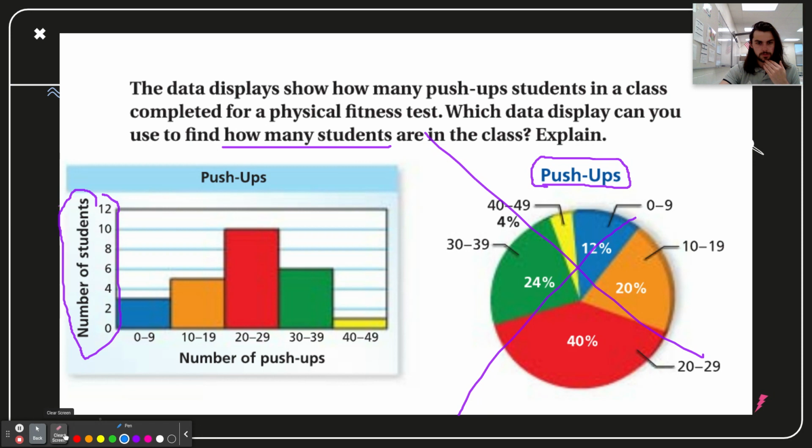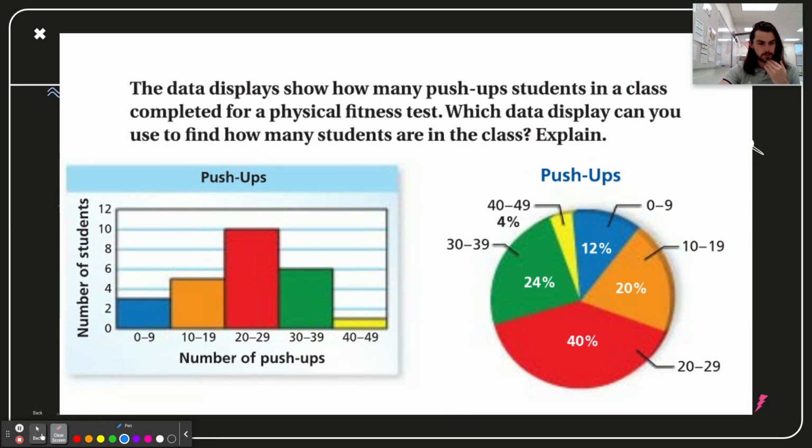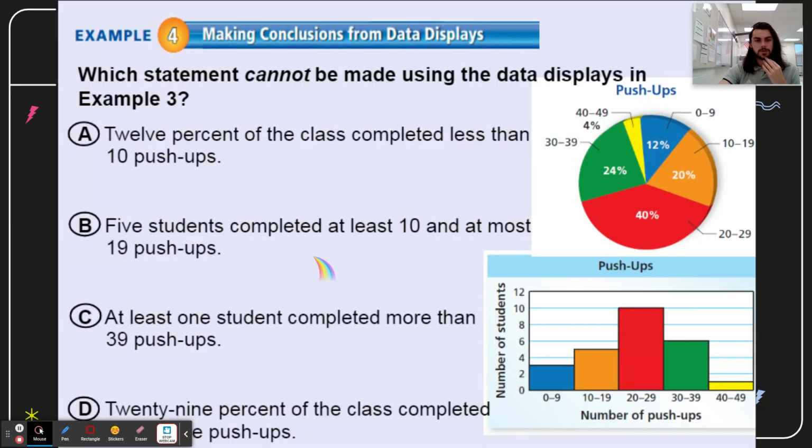Let's move on. So that would be our answer. Let's move on to this one. Which statement cannot be made using the data displays in example 3? I moved the examples over here. So we have A, 12% of the class completed less than 10 push-ups.